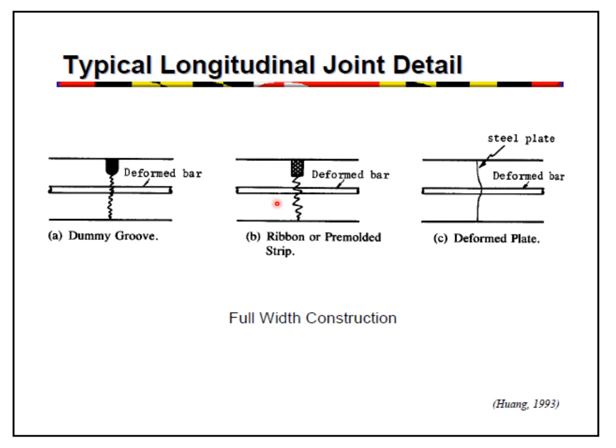Here you can see the ribbon or pre-molded strip has been placed at the top, and the deformed bar is present at the mid depth. And here, this is the deformed plate type longitudinal joint. Here a special steel plate is inserted at the joint, and the deformed bar is present again at the mid depth. So these are some typical types of longitudinal joint.